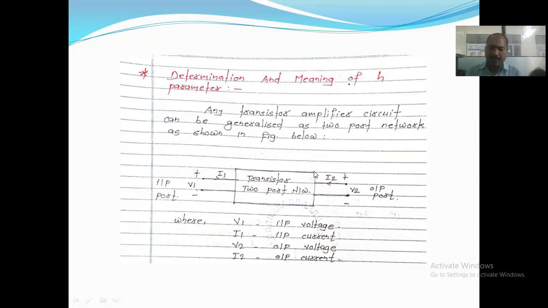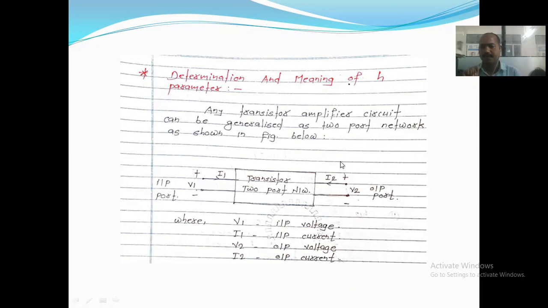See, when we look at the 2-port network, some of the parameters are dependent and some are independent. What do you mean by dependent and what do you mean by independent? We will see that first, and then we will see the analysis of the transistor network. Dependent means the value of that parameter depends on another factor. Independent indicates that it does not depend on any other parameter.